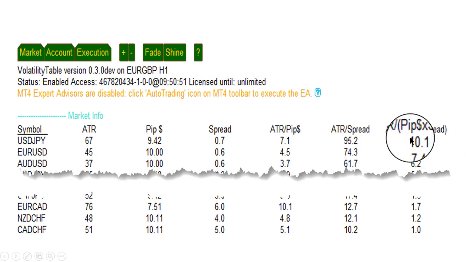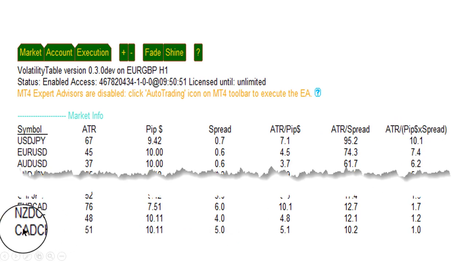Now, this might sound Chinese to you, but that's quite useful information. And here on the CAD franc, it says that I'm only getting one unit of volatility for every dollar that I'm spending on the spread. So the spread's high. You can see the spread's a lot higher there.